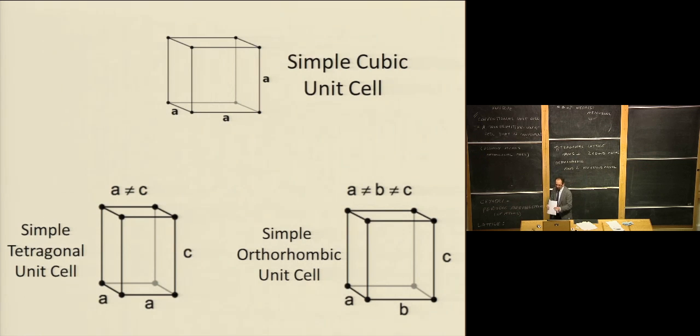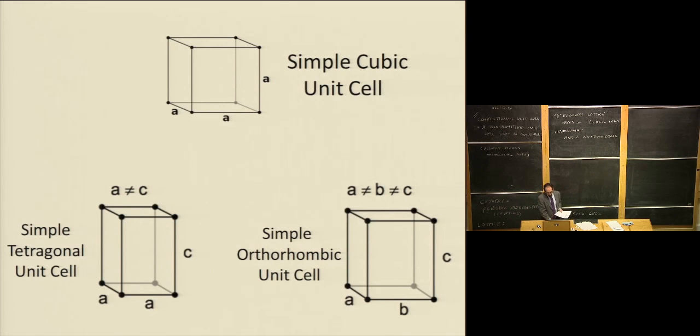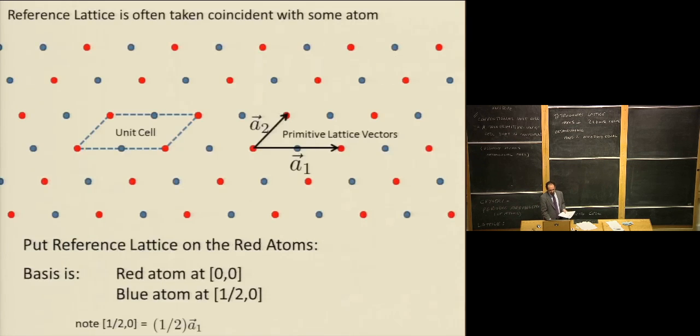Although simple cubic is very unusual in nature, there are things based on simple cubic that are quite common, so you do need to know about it. Let's go back to this picture.